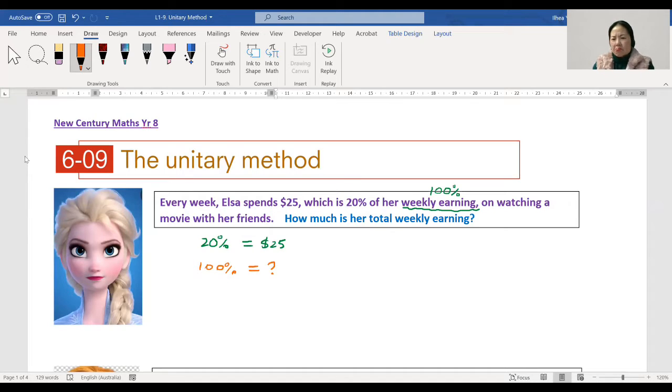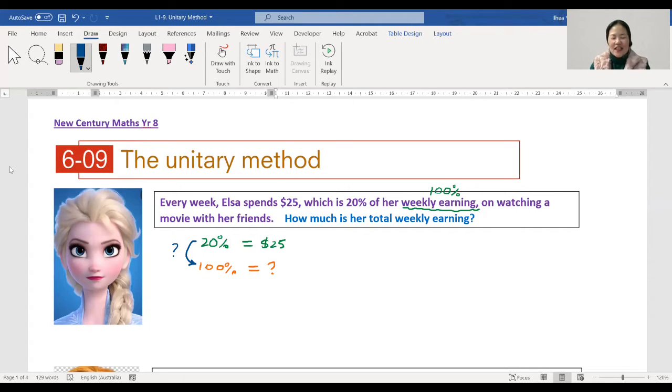Any suggestions, people? How do we make 20% to 100%? What do we need to do from here to here? Multiply by 5.